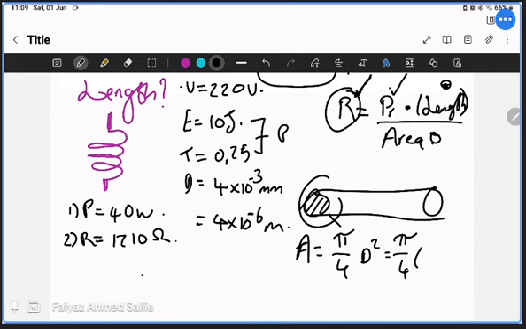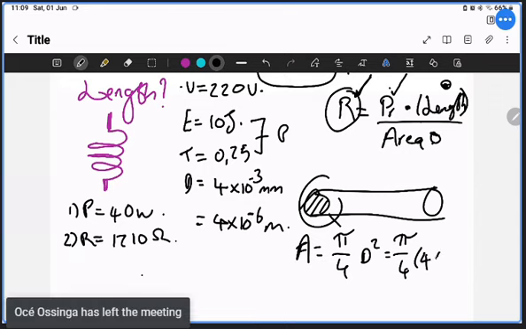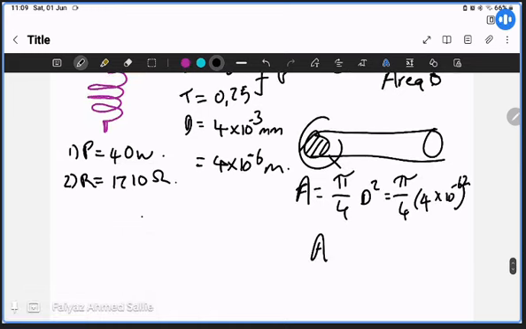So then this answer is going to be minus 6. So we're going to put 4 times 10 to the minus 6 squared, and we're going to get an area of, let me just put it in the calculator, pi over 4 d squared, so d is 4 times 10 to the power negative 6 squared back, and we're going to get an answer of 1.29 times 10 to the minus 11 meters squared.